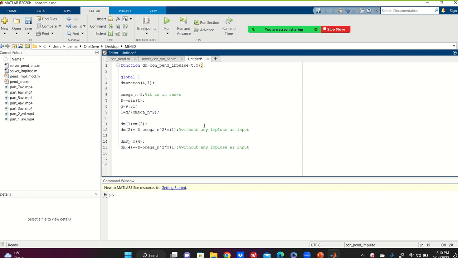This is going to be 3. I'm going to add a delayed impulse u, but I have to define it here, guys. For u, I say if t is greater than 1.9 and t is smaller than 2 seconds, put u at a large value of 20, else u is 0.